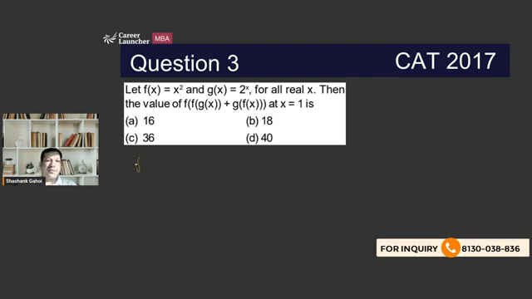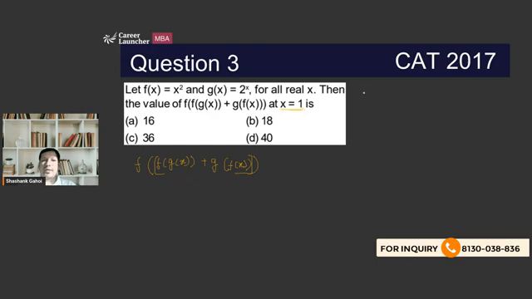The question is f of, take care of the brackets, f of g(x) plus g of f(x). So basically this total value lies inside the bracket of a function. Now I need to find all the values at x equal to 1.